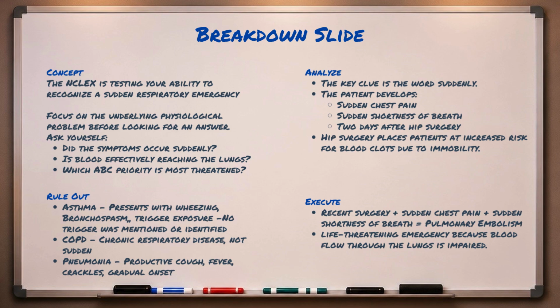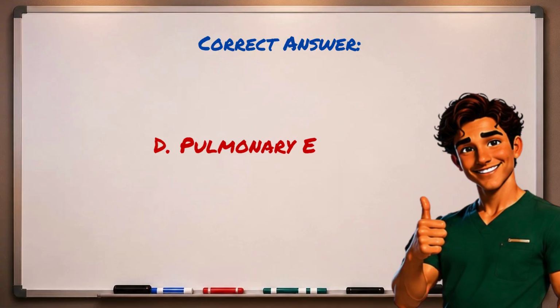Without adequate blood flow, oxygenation can rapidly decline. The correct answer is D, pulmonary embolism. Remember this NCLEX shortcut. Recent surgery, sudden chest pain, or sudden shortness of breath, think pulmonary embolism.